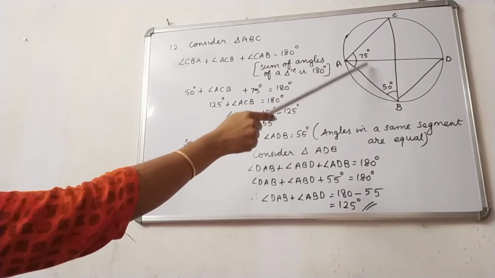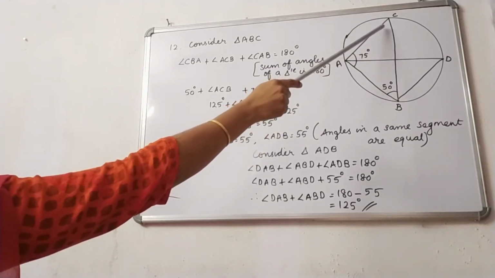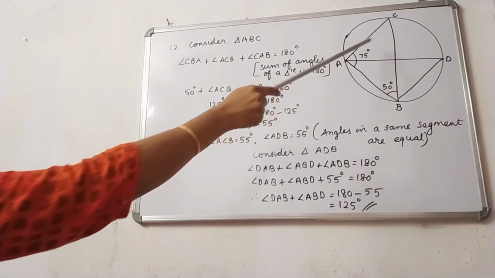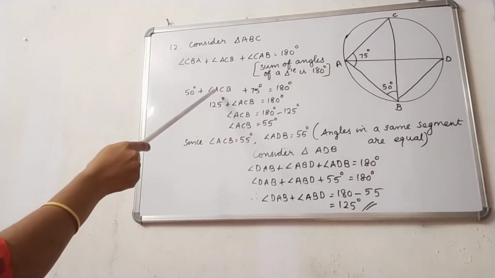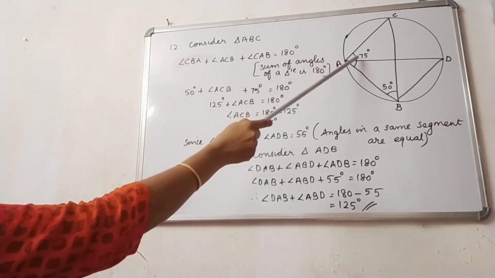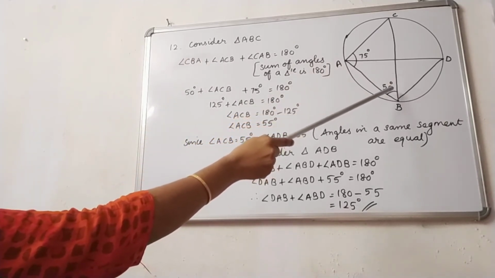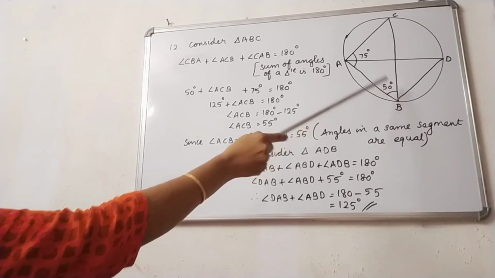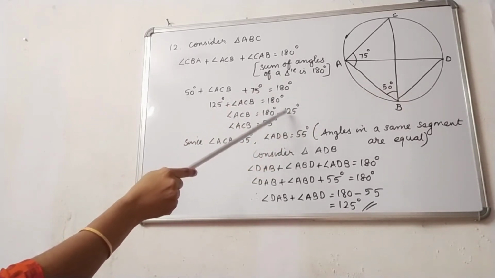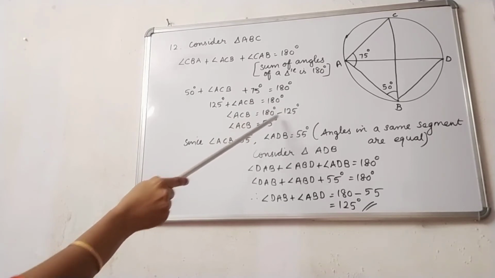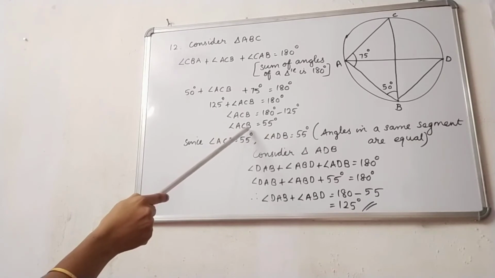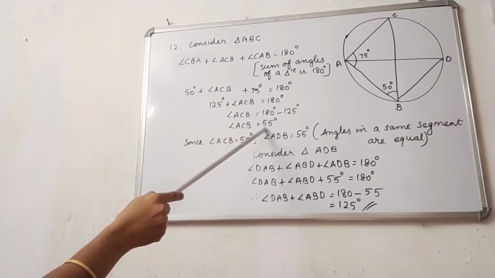So given these two angles, we want to find the third angle, that is angle ACB. So for finding angle ACB, substitute the values of angle CBA and angle CAB. So we will get the value of angle ACB is equal to 180 minus 125 is equal to 55 degree.